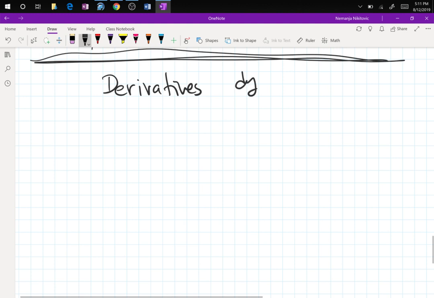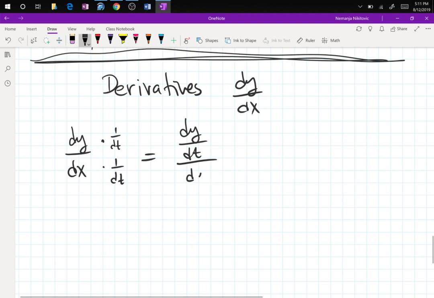And we are looking at dy/dx. A very quick mathematical manipulation: what I do is I multiply by 1 over dt and 1 over dt. I know, cheap. So you get dy/dt divided by dx/dt.